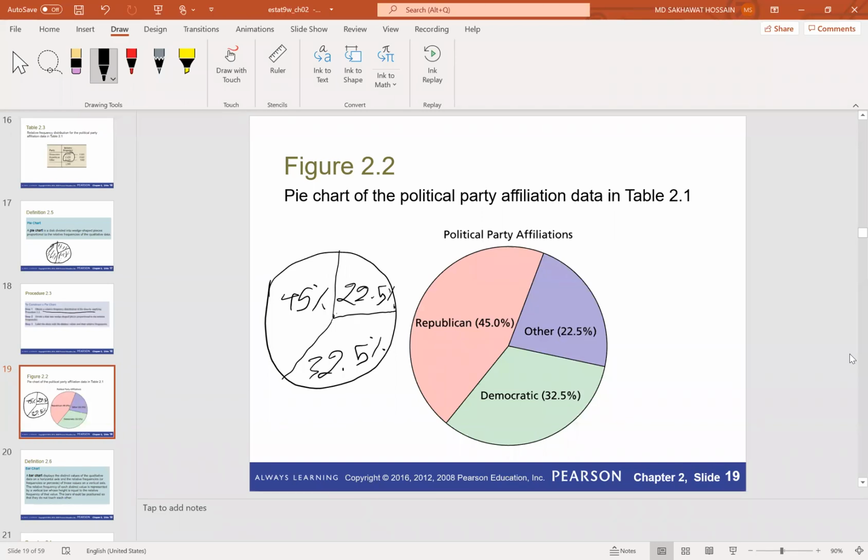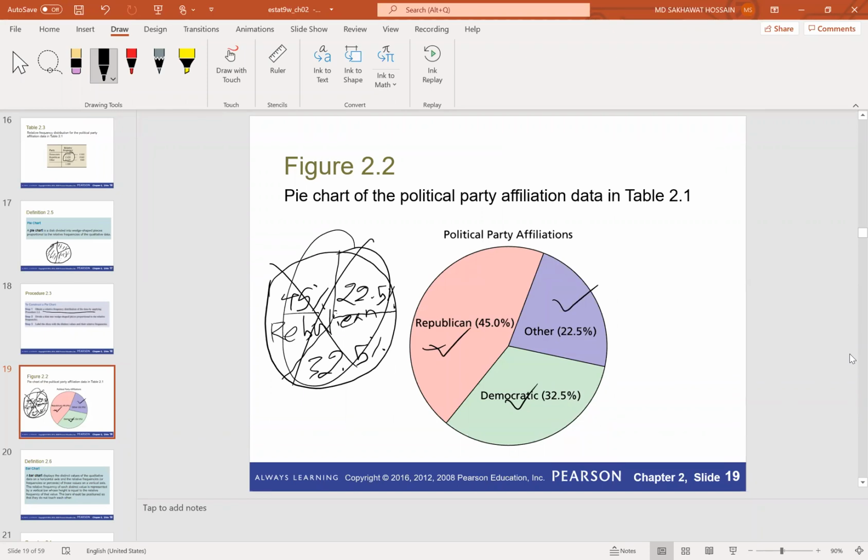Since we have three distinct values here, we divided it into three sections. The first one is Republican, and you have to label it with the percentage and Republican. Then Democratic, then other.